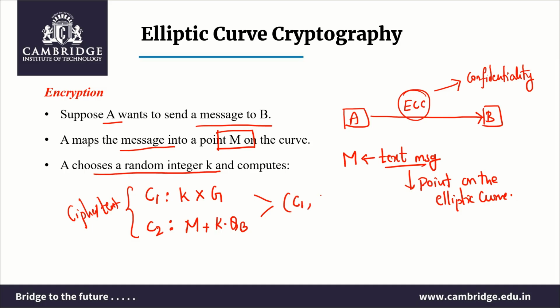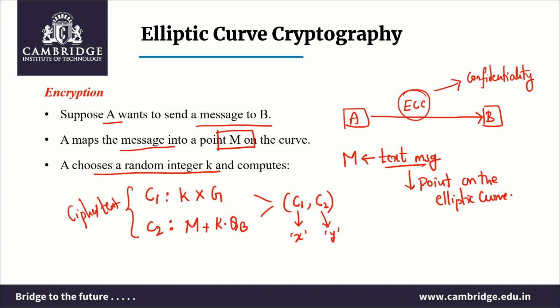We are talking about an elliptic curve, so we have to send it as a point, right? In a two-dimensional space, we have two dimensions to represent a point. So let's consider C1 acts as the x-axis value and C2 acts as the y-axis value.